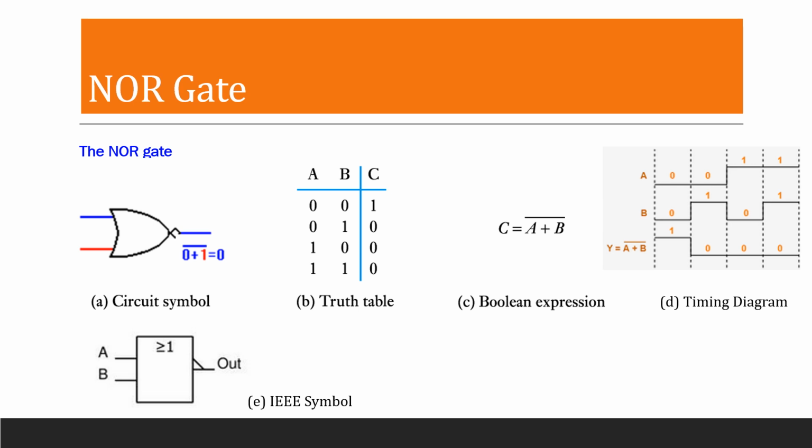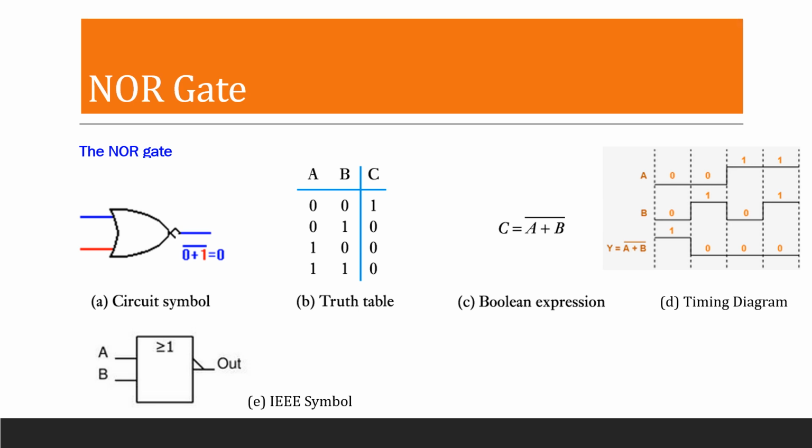When we look into the truth table of this NOR gate, we can see that it produces a high signal only when all the inputs are low. So when we have the 0 0 combination, it first performs 0 plus 0, that means 0, then it takes its complement and we get the output as 1.